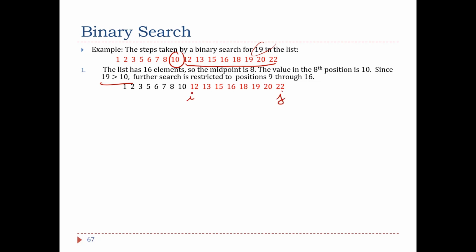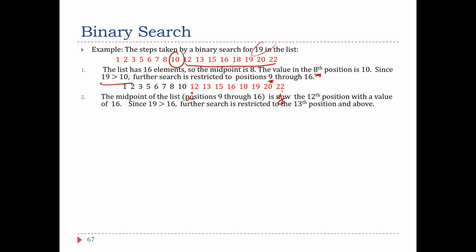J is still the same, but I becomes equal to m plus 1, which is, m was 8, and now we are looking at 9. Half of this is actually the 12th position, which has the value 16 here.